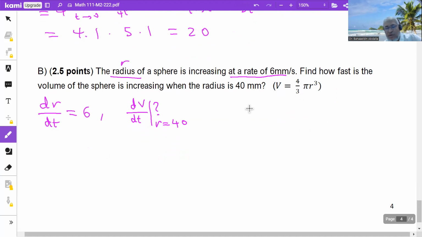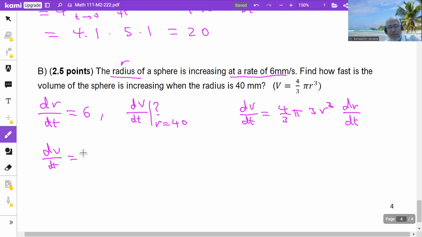So differentiate with respect to t, I'll have dv by dt equals 4 over 3 pi, this is just a constant number. The derivative of r cubed is 3r squared times dr by dt. If you cancel 3 with 3, then dv by dt would be 4 pi r squared times dr by dt.